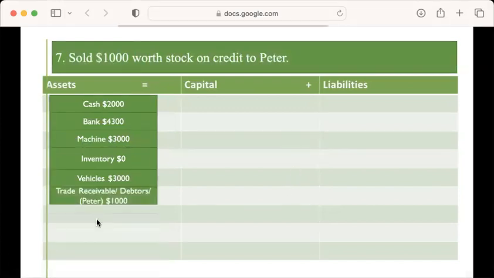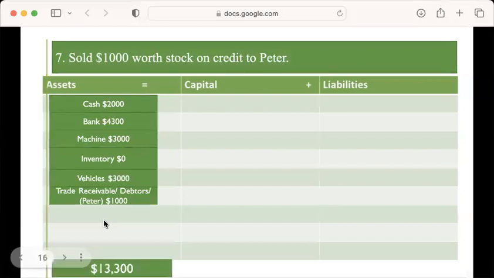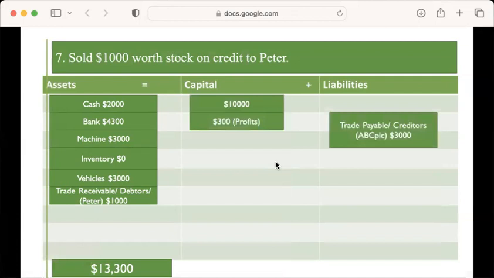So it sounds like Peter owes us £1,000. So debtors, or accounts receivable or trade receivable, is an asset. So in this case, the changes are both in assets. Stock of goods decreases, which is an asset, and debtors increases, which is another asset. So no changes in the liabilities side total.